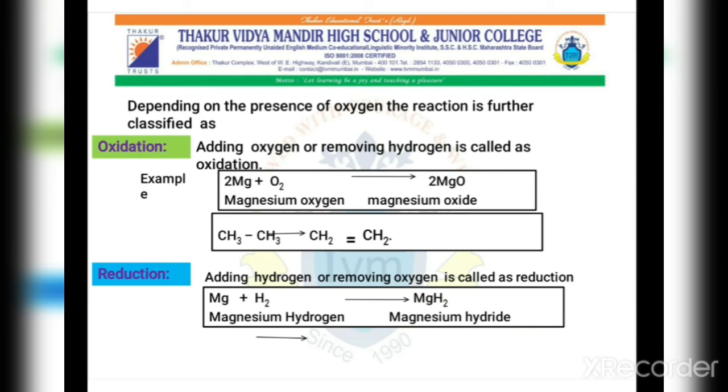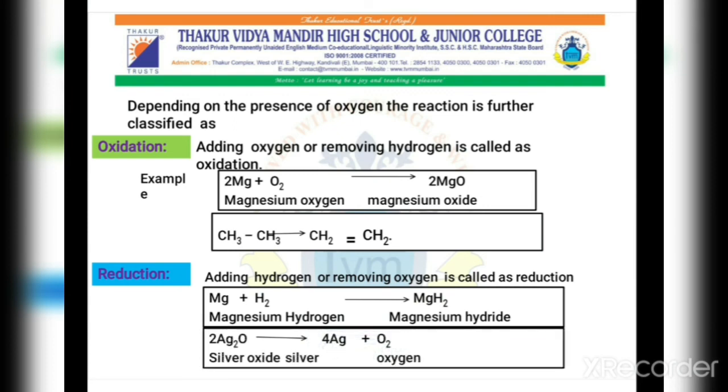So here addition of hydrogen has taken place and we are getting magnesium hydride. Second example, silver oxide on heating decomposes into silver and oxygen. So in this example, oxygen is removed, so we call it a reduction reaction. So depending on the presence and the absence of oxygen, it is classified as oxidation and reduction reaction.